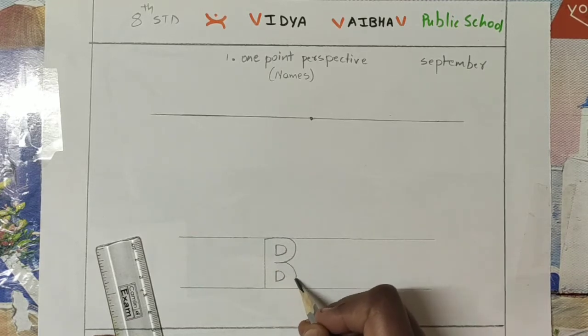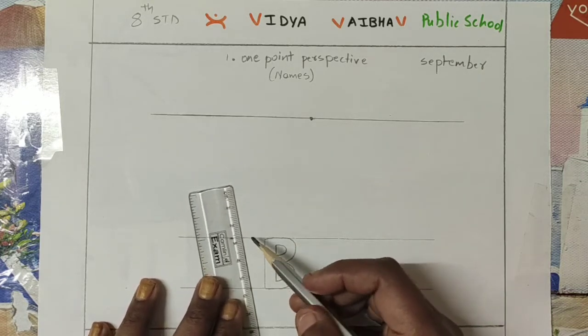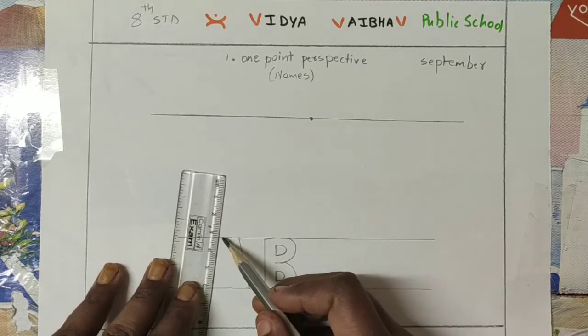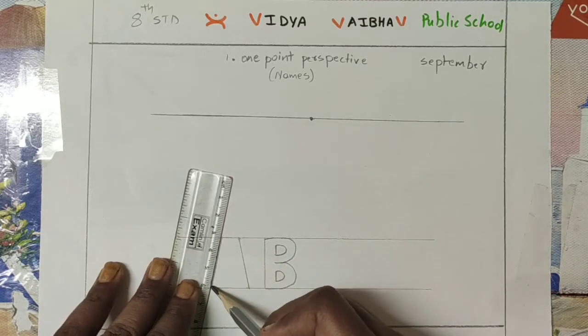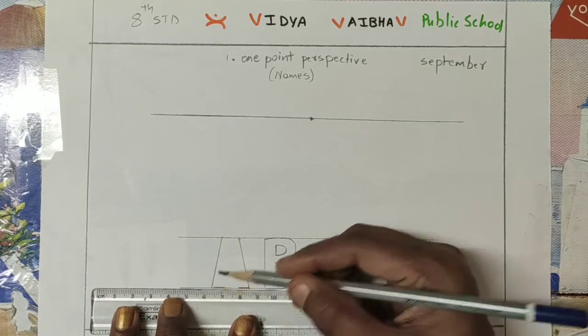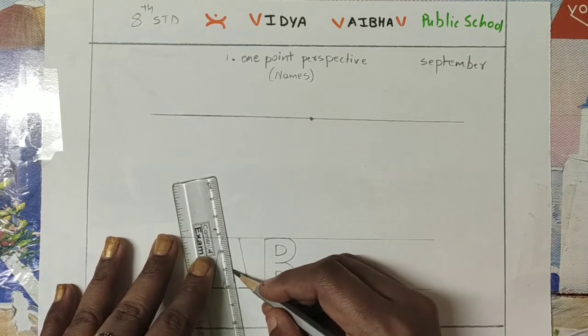So this is our first face of letter B. Usually we were doing with the square, rectangle, circle. Here, using the same technique, we are going to do for the letters. The same technique will apply for numbers also.